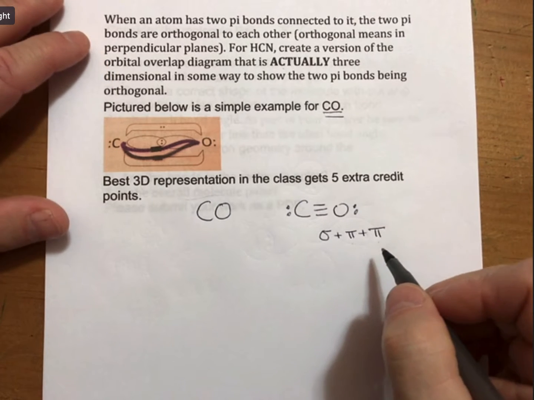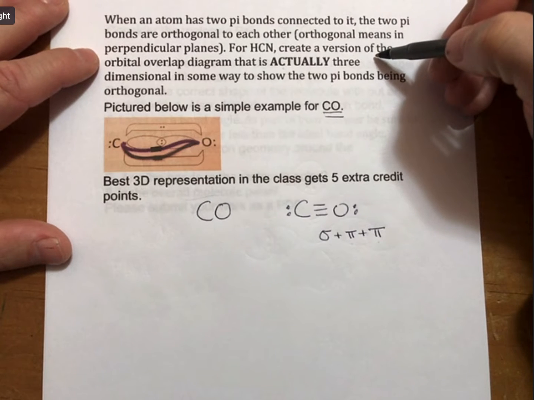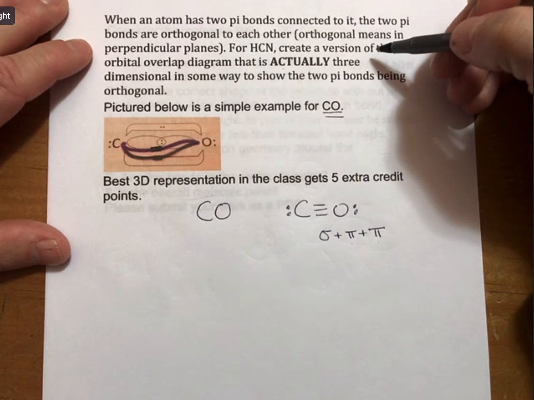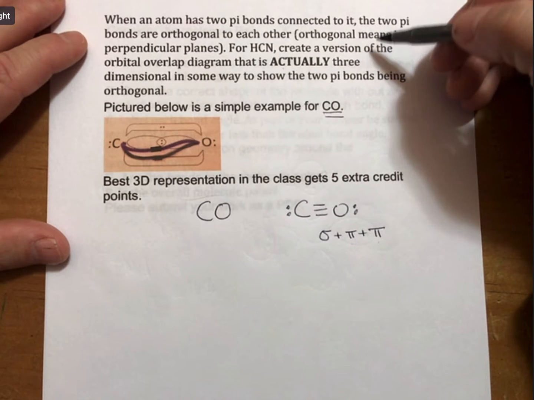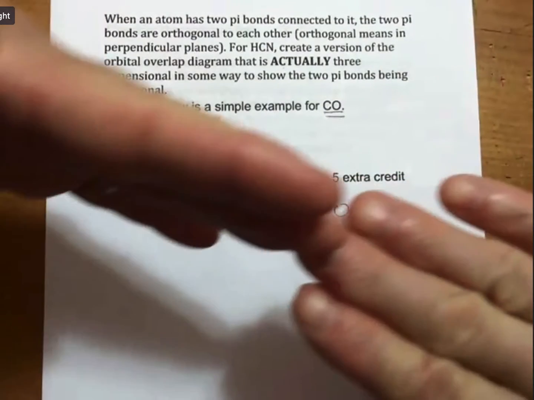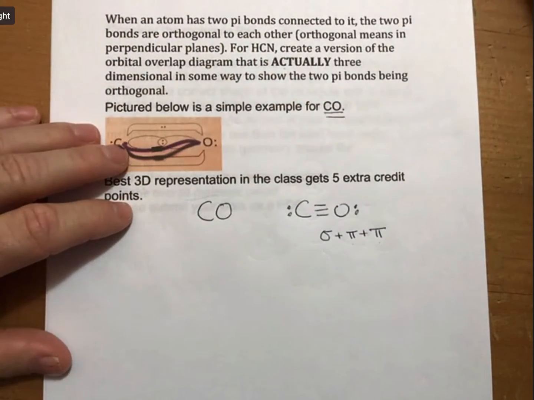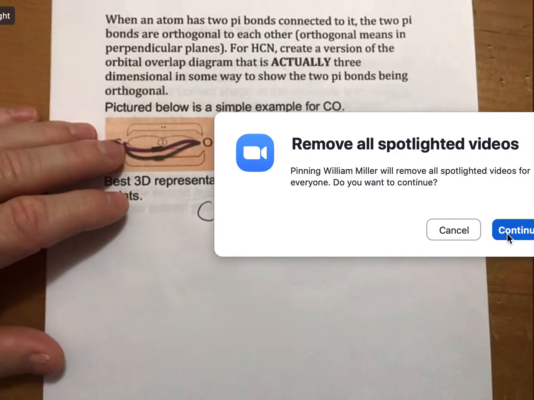And for 2 pi bonds, what this whole question says is those 2 pi bonds must be literally perpendicular. And so what you can imagine, and I don't know if this will work, is if you're looking at my hands, or like this.